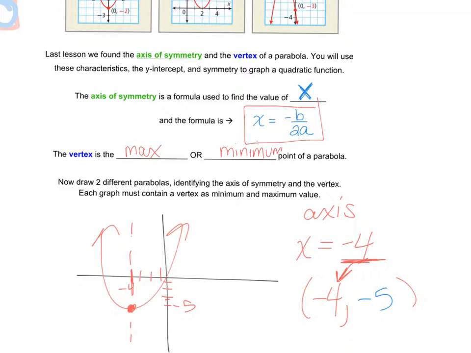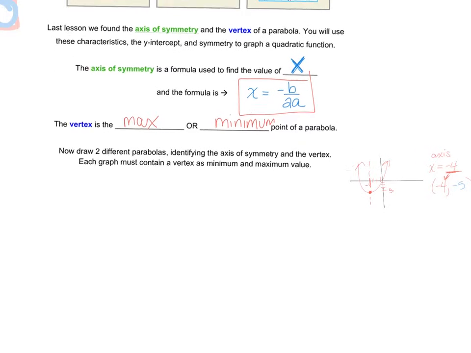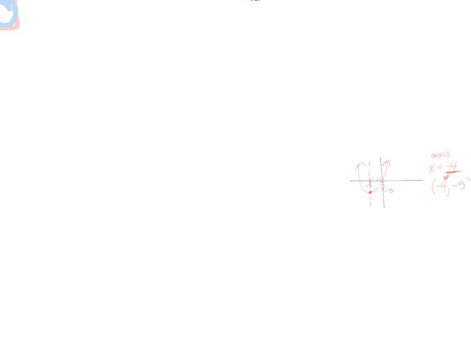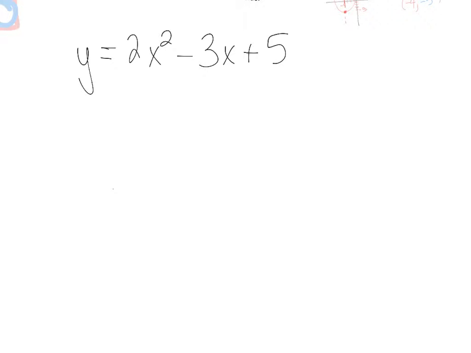Always. So let me ask you a question. Let's say that I give you an equation that looks like this. If I gave you this equation and I said to you, hey, graph this, as of right now, what you could do is make a table of values, pick some x values here, plug them in, get the y's, and then you get your points. But there are a couple of things that you should be able to immediately get right now.